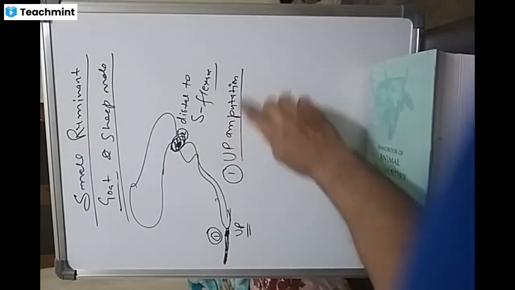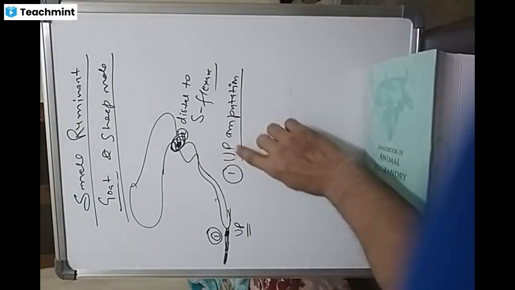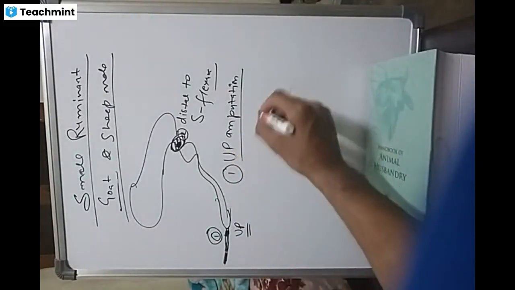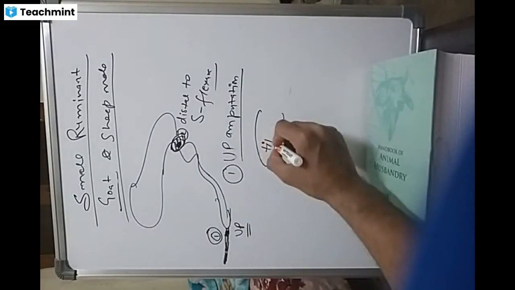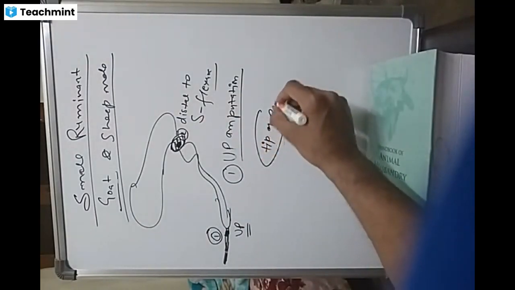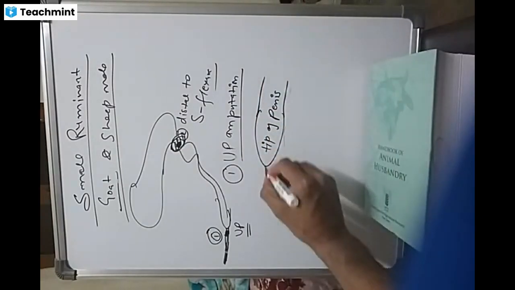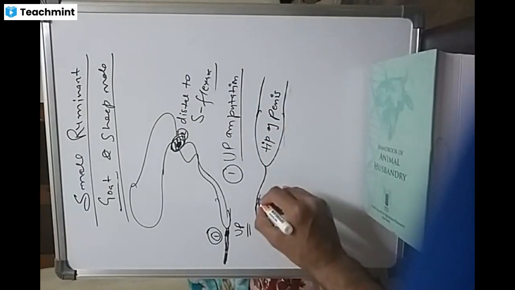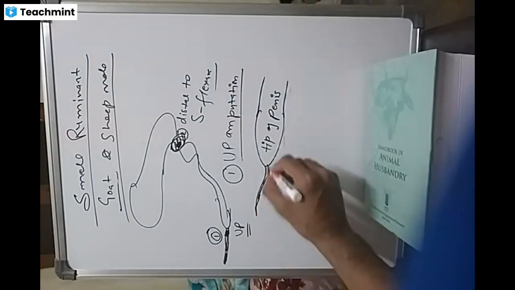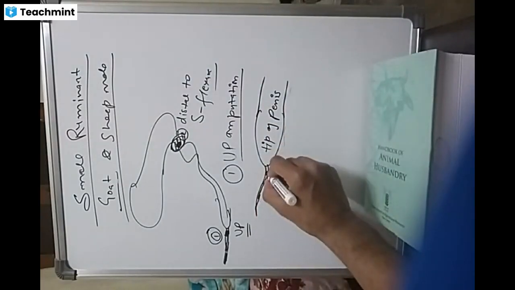So, urethral process amputation. This is the tip of your ram penis, and from this tip a very thin process comes out, and the stone may be like this.